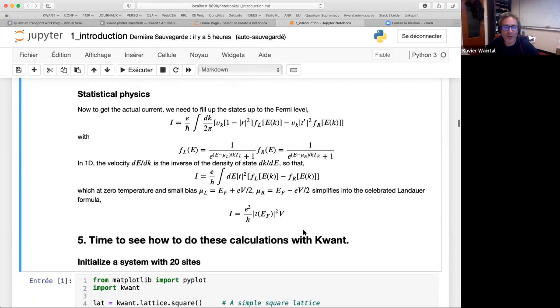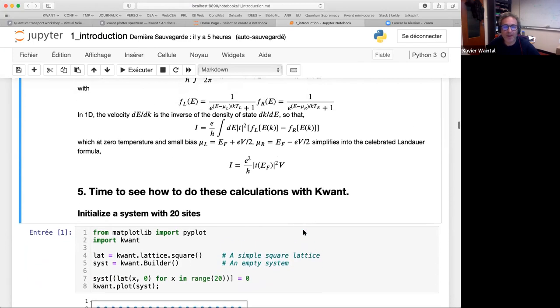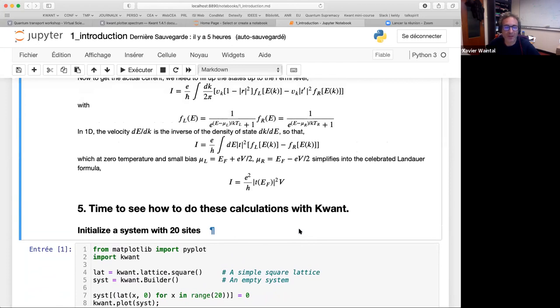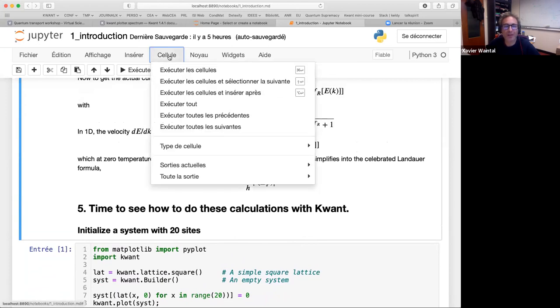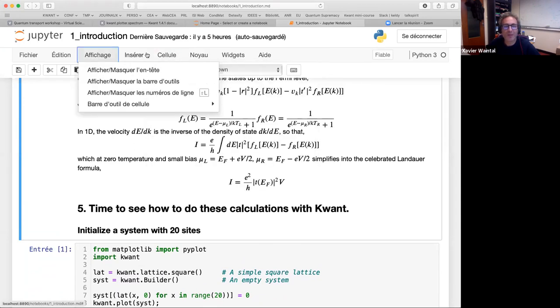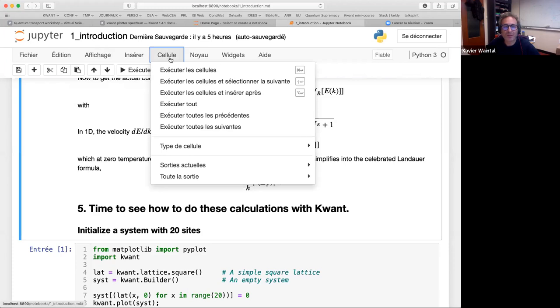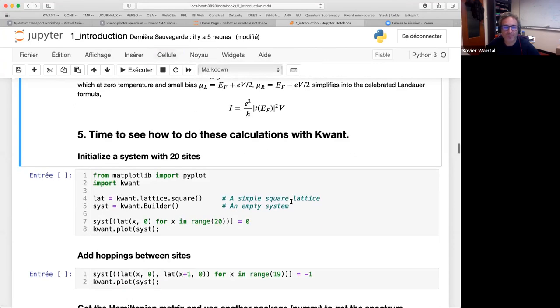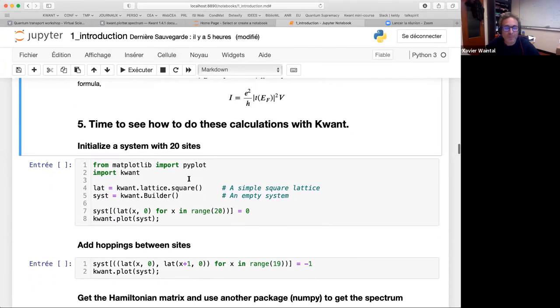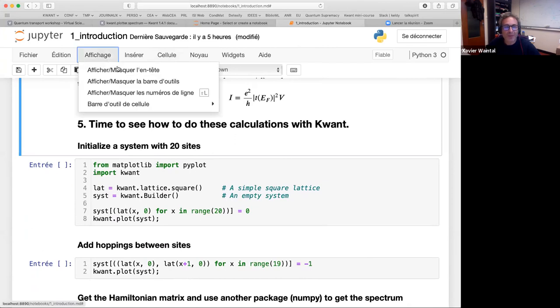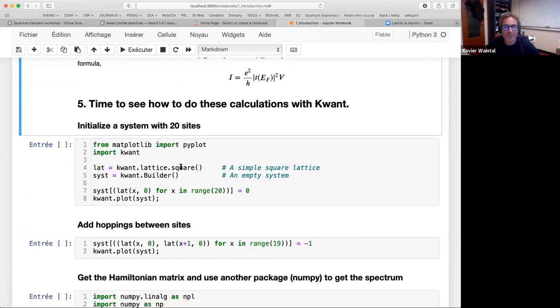So now let's see how we can actually do that in a calculation with Kwant. And let me clean my cells so that you can see it like I do it. Maybe we also get a slightly bigger window.